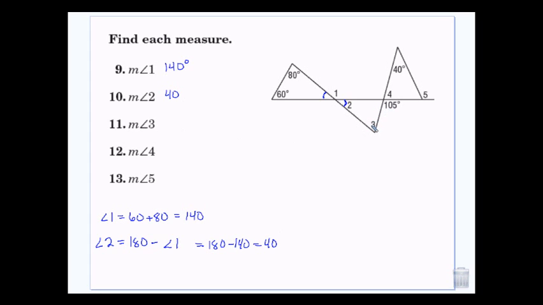Angle 3 and angle 2 add up to 105, right? So angle 3 is 105 minus 40, 65.